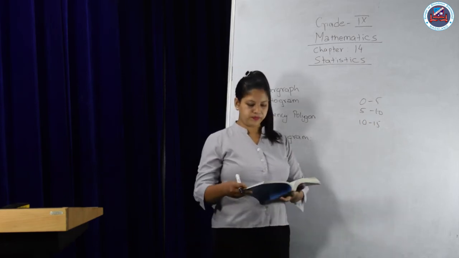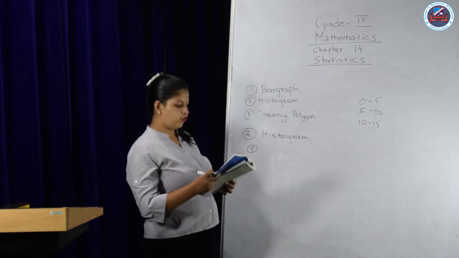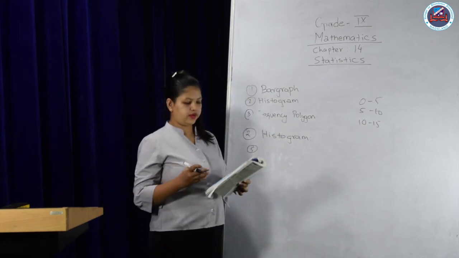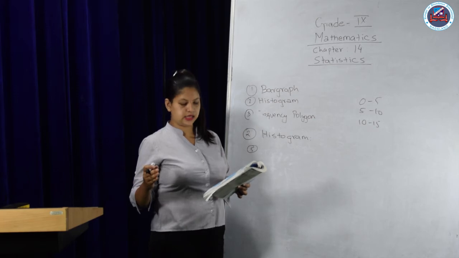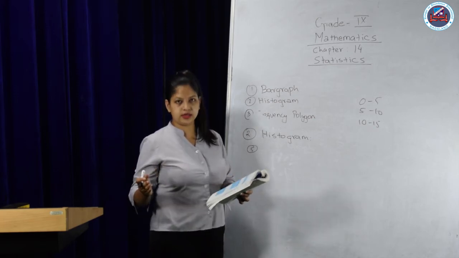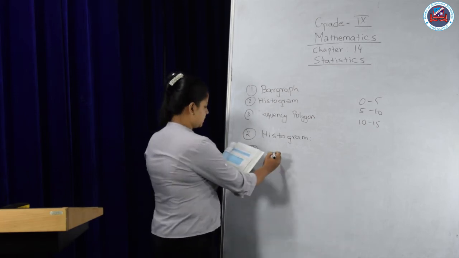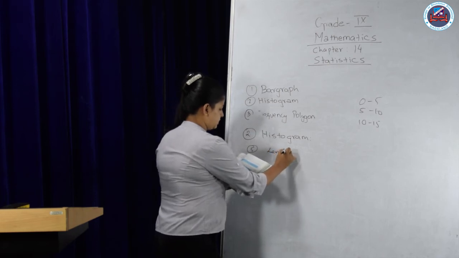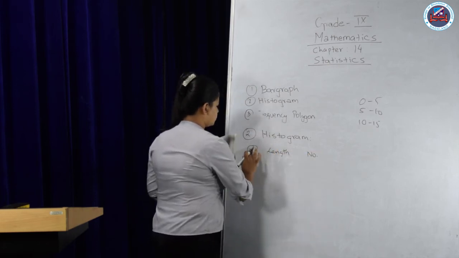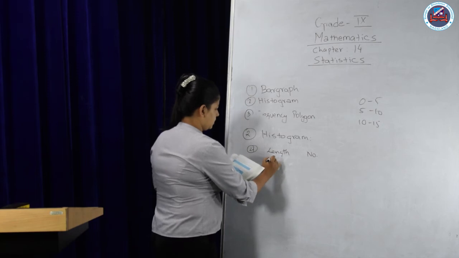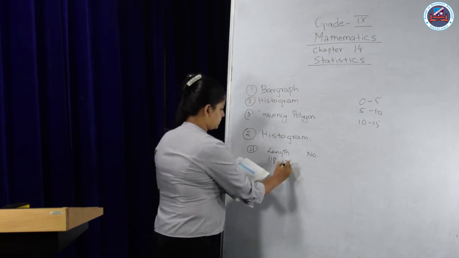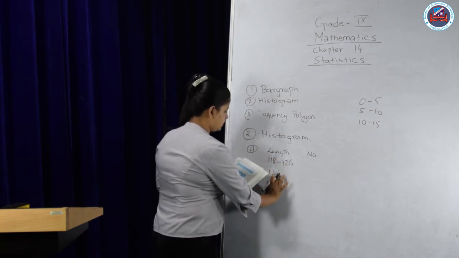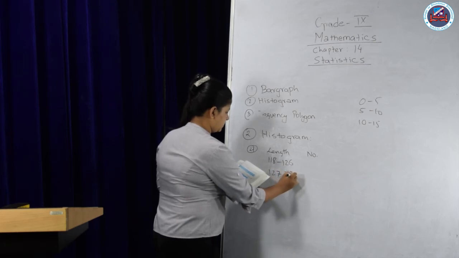For example, you can check question number 4: 118 to 126, and next is 127 to 135. That means the numbers are not equal. Question number 4. It's written like this: 118, 126, 127 till 135.